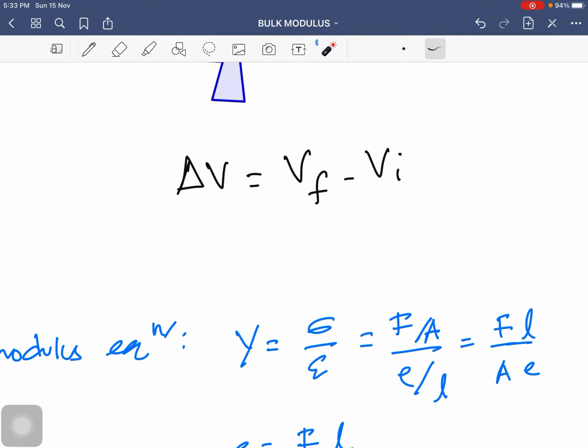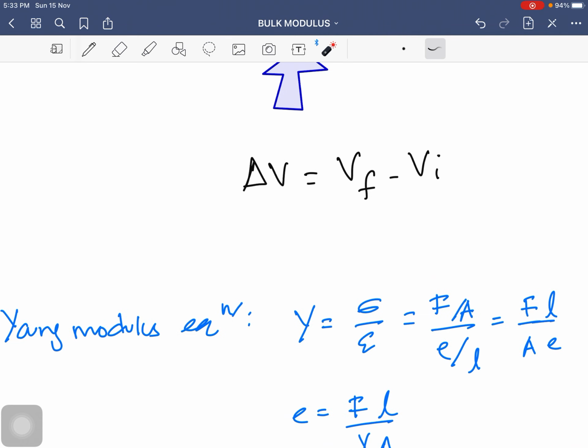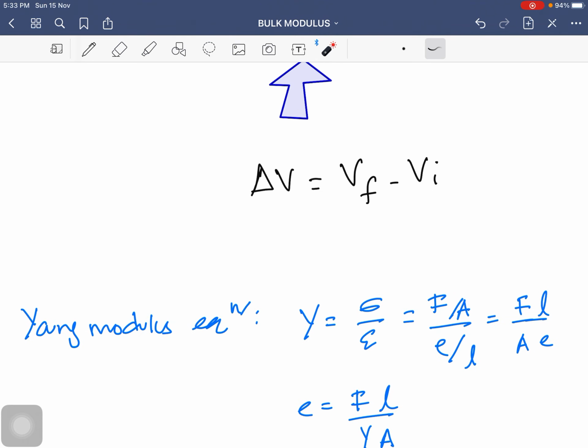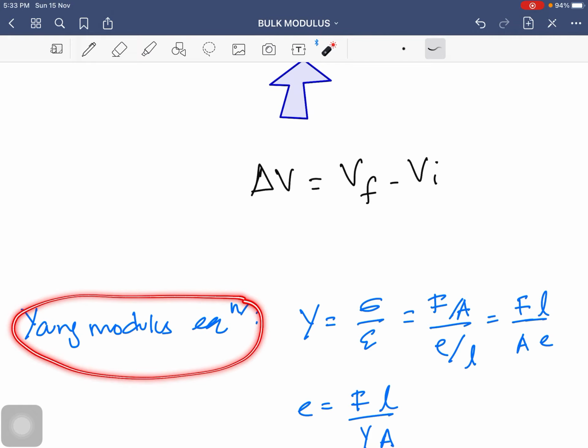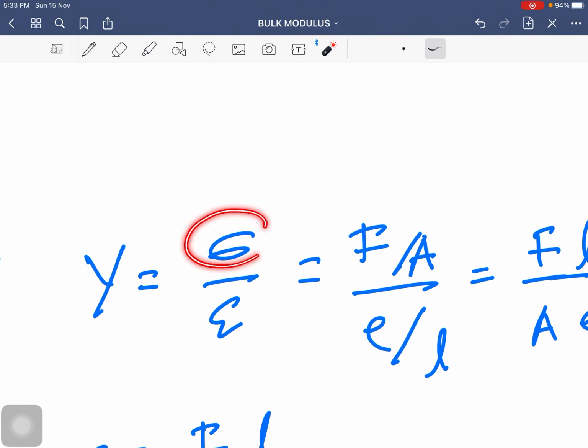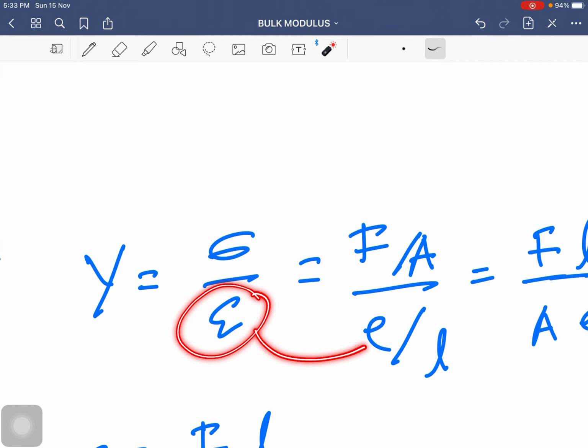Let's recall a bit about the Young modulus equation. Before this, in the topic of elastic deformation, we talked about Young modulus, where the equation is Y equals stress over strain, with stress equal to force divided by cross sectional area, and strain equal to elongation or extension divided by the original length.